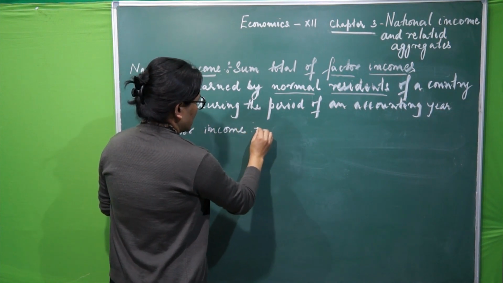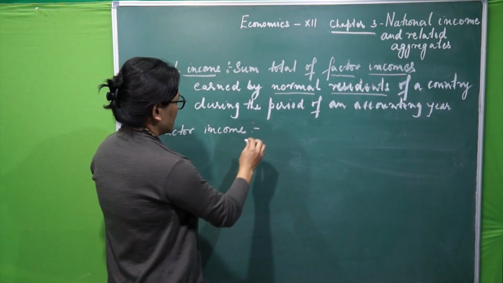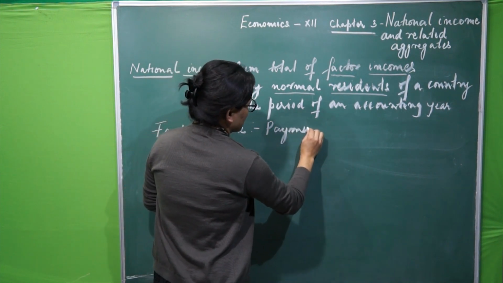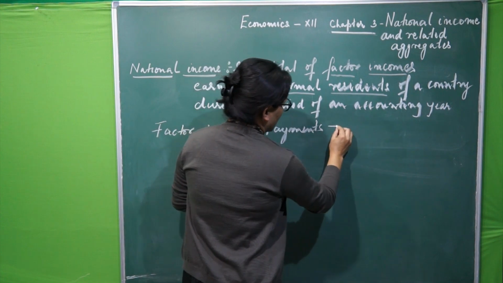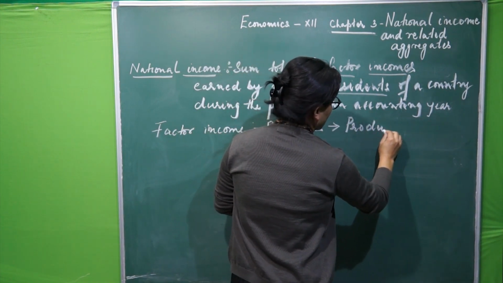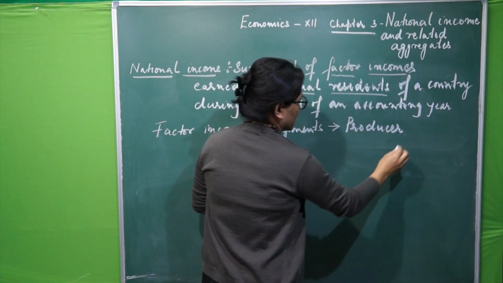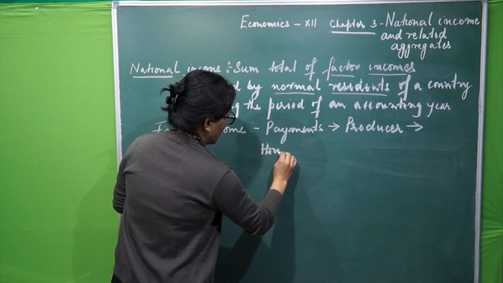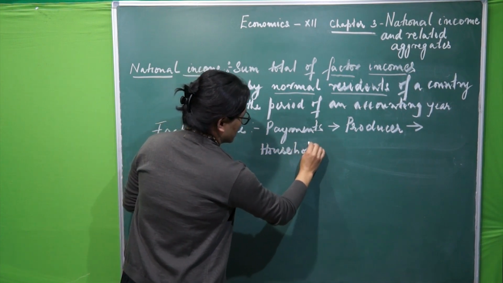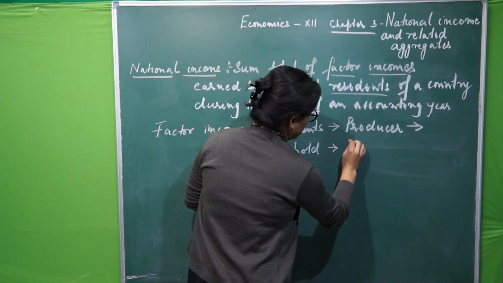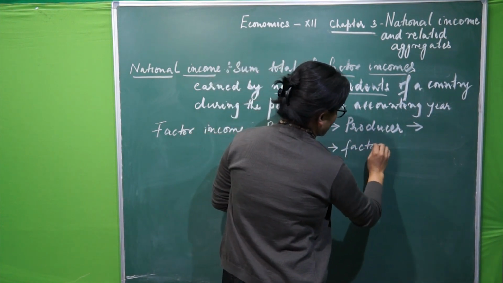Now, this one is the payments made by the producer or producing units to households for rendering their factor services.